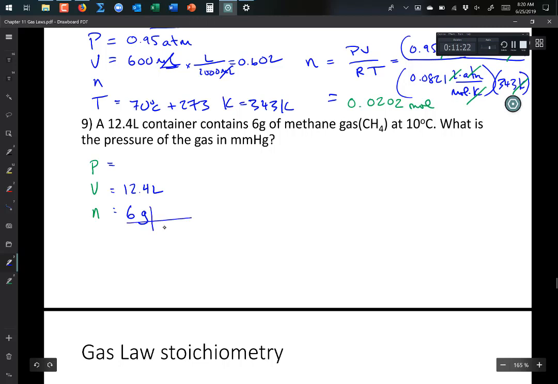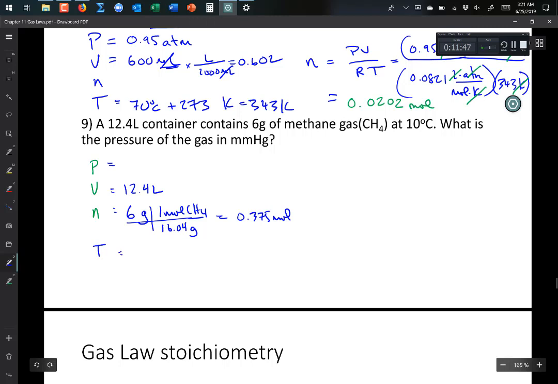Is that what you got? Yeah? 16.04 grams for every 1 mole of CH4. And then he got 0.375 moles.